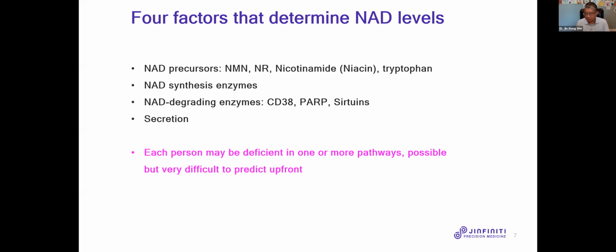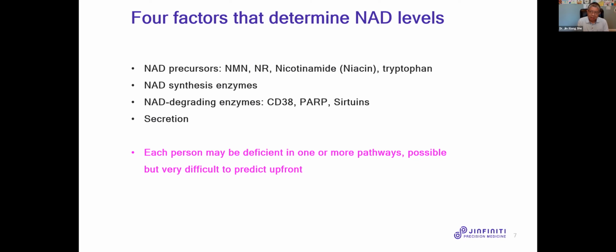The most important ones are CD38, that has attracted a lot of attention recently, the PARP enzymes that are involved in DNA repair, and the sirtuins that play central roles in longevity. And especially CD38, because it is very abundant, it's present on the cell surface, and it's also present in the plasma. It can degrade the NAD quite rapidly and efficiently.